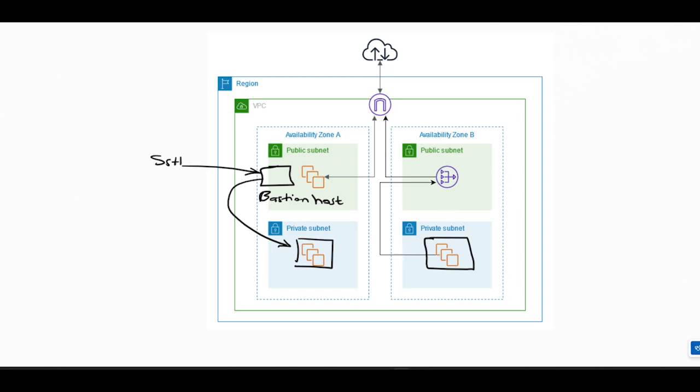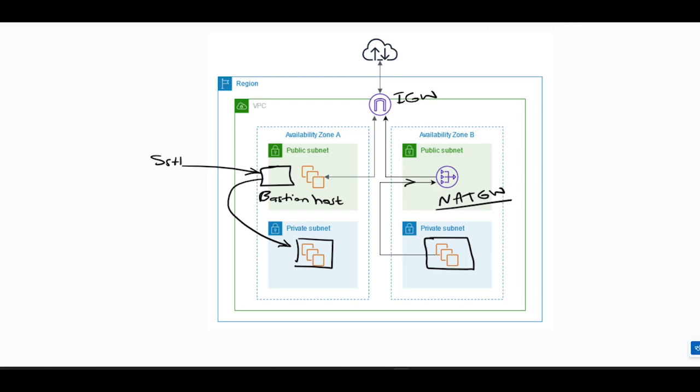Then I also will configure a NAT gateway. A NAT gateway is always configured in a public subnet. And as you see here, I guess this graph is very clear. Traffic goes to NAT gateway, and NAT gateway knows how to direct traffic to the internet through internet gateway, right?